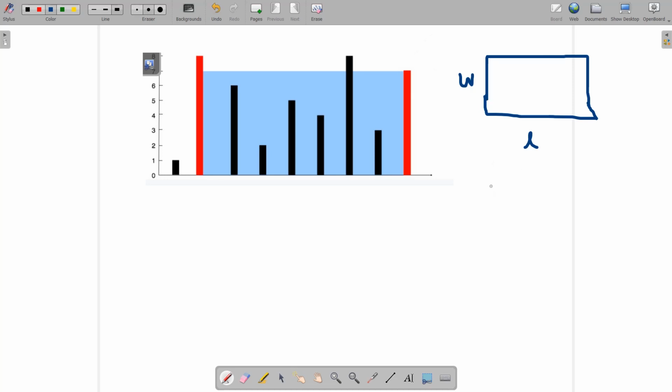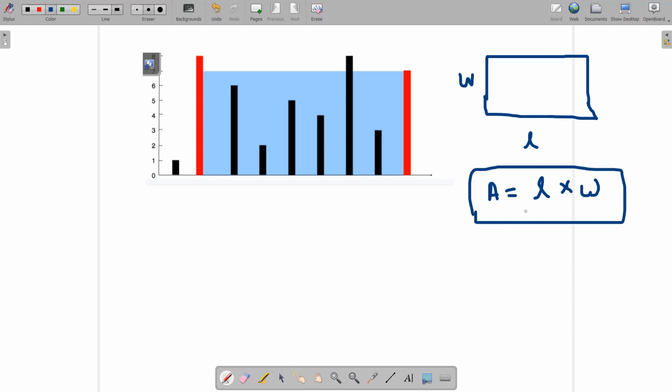The area is L into W, so you need to maximize this area, that is, you need to maximize L as well as W. Now you are unaware of how much you need to maximize either of the parameters. So one of the best cases is to consider either L or W as fixed. So I will fix this length.